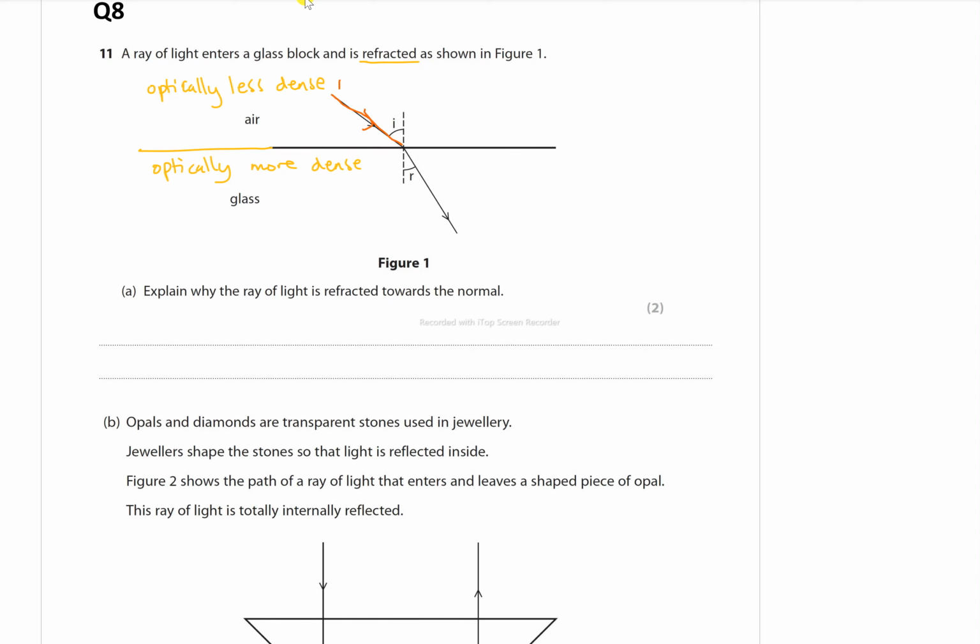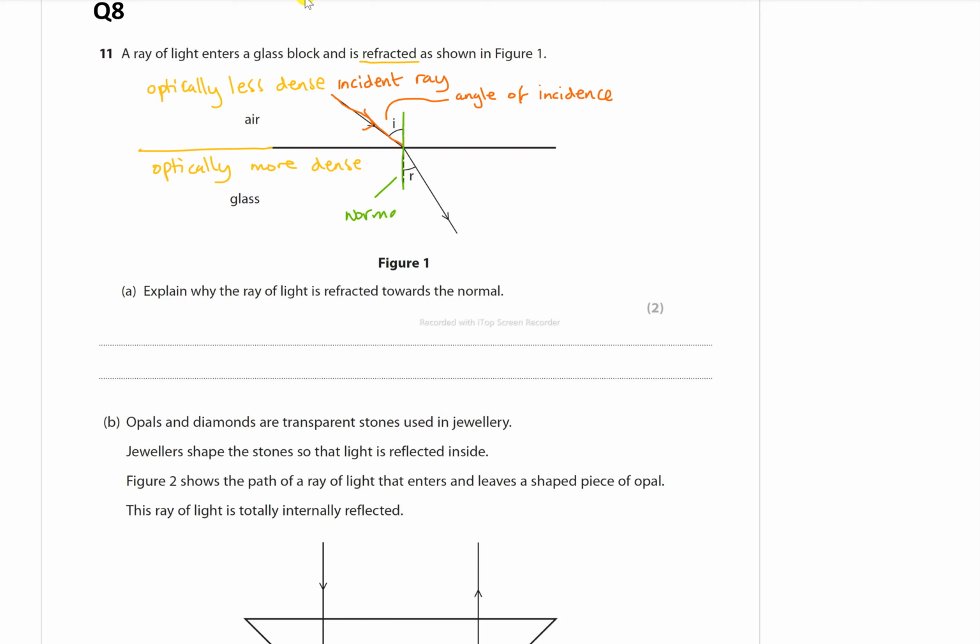That is the incident ray. This angle here is the angle of incidence. It's important, and I'm emphasizing it again, that you put these words into your head. That there is the normal.